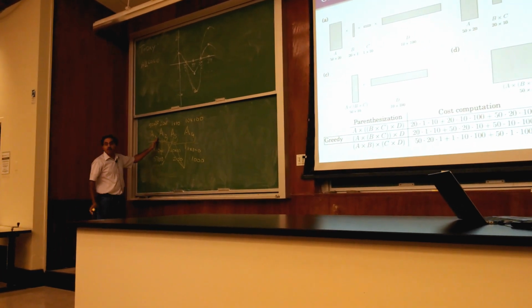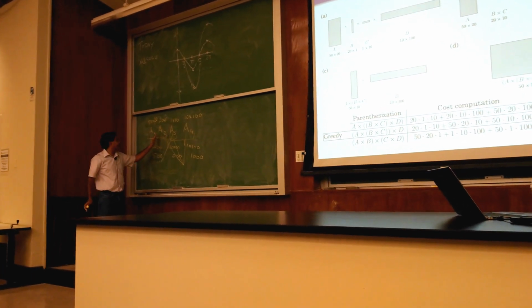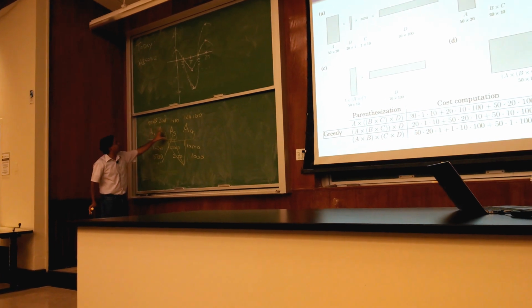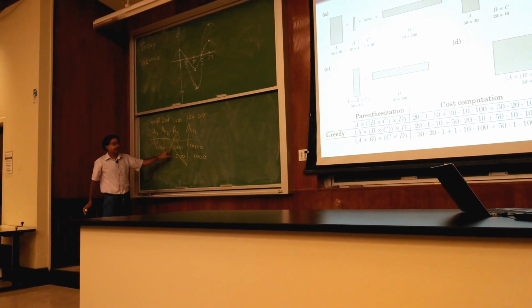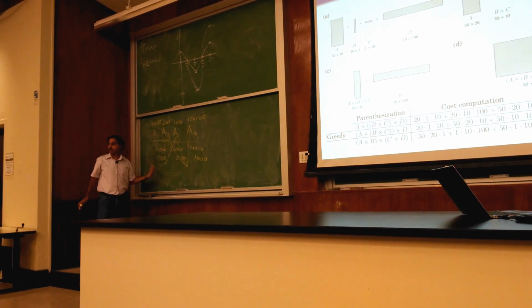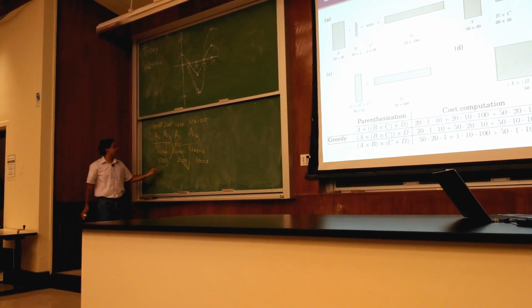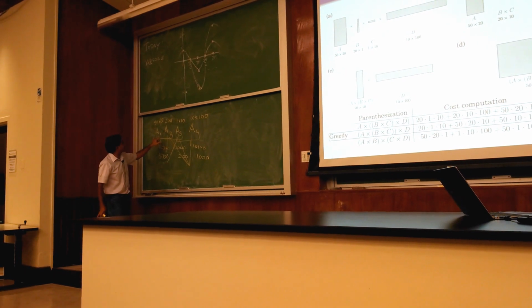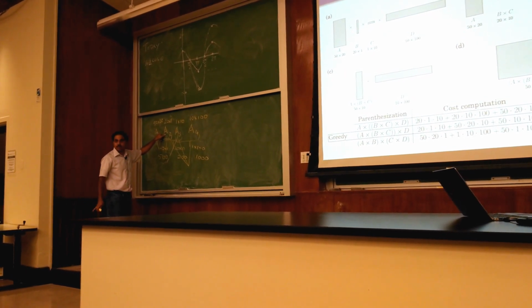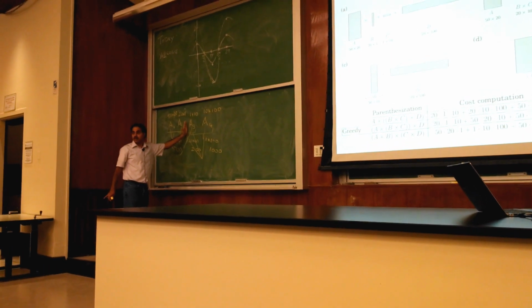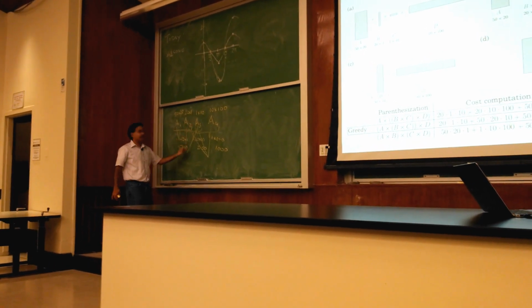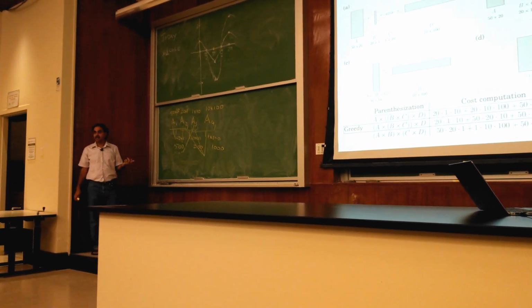So I need to pick 1 or 2. If I pick 1, then I'm going to multiply A1 with these 2. These 2 I already have computed, and by considering that combination, I'm going to arrive at some number. The other possibility is I first multiply these 2 and then multiply by A3, which means the partitioning point is over here. So I have to consider that partitioning point and then compute that.